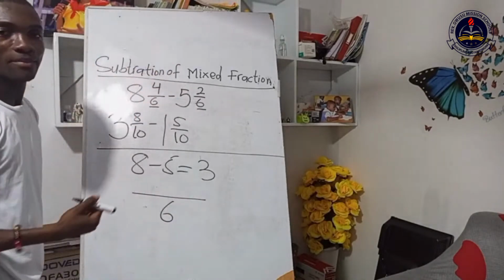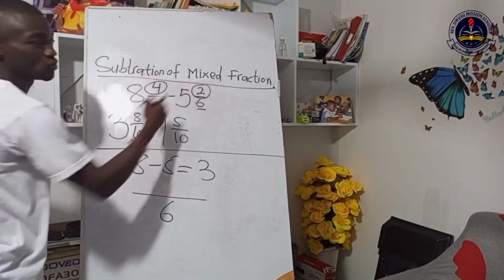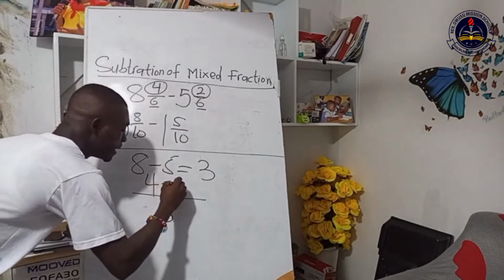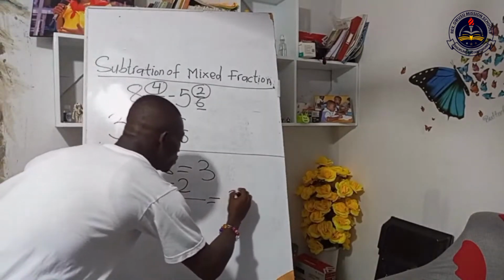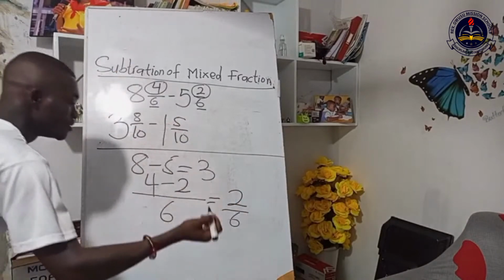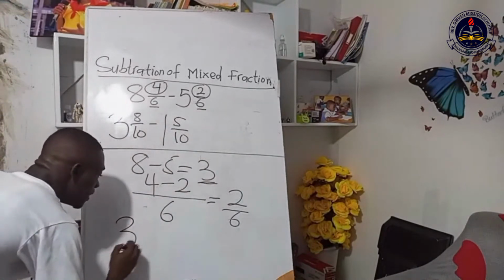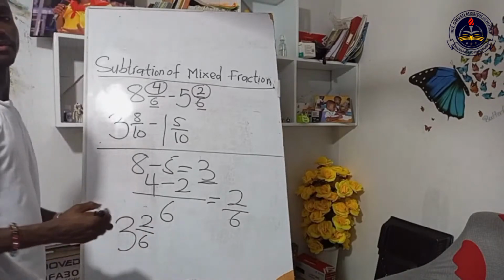Then the top numbers, which is the numerator, we have 4 and 2. So we subtract them. So 4 minus 2 is equal to 2/6. So we have 3 whole number 2/6.